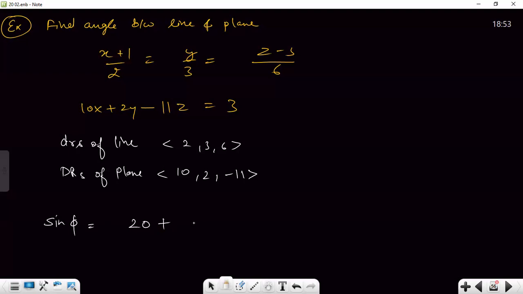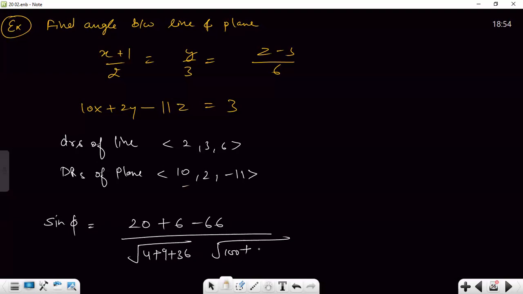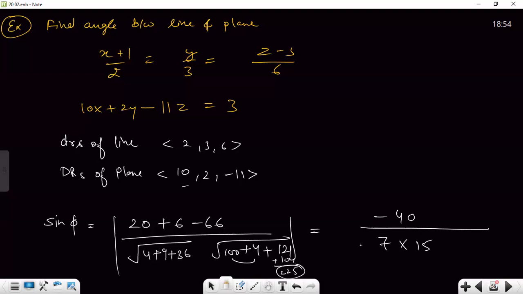2 into 10 is 20, plus 6 minus 66, divided by the square root of 2 squared 4, 3 squared 9, 6 squared 36, and the square root of 10 squared 100, 2 squared 4, minus 11 squared 121. 20 plus 6 minus 66 becomes minus 40, divided by the square root of 49, which is 7, and the square root of 225, which is 15.